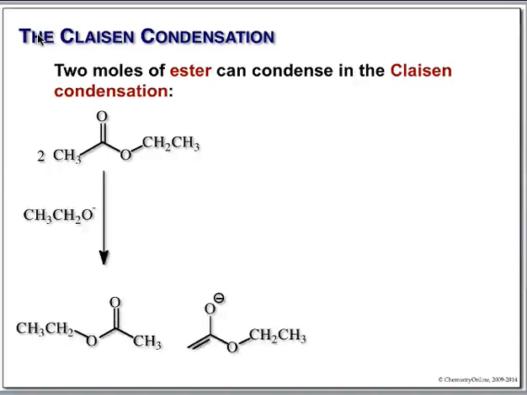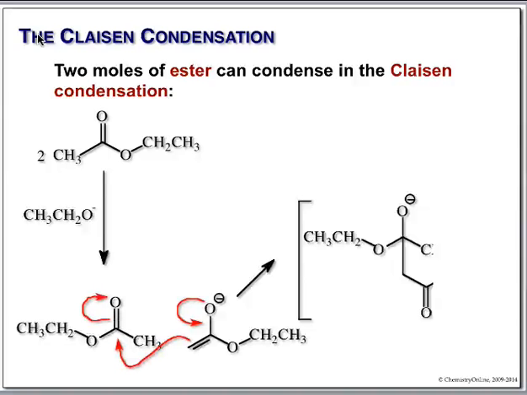Now we all know what's going to happen, right? The enolate's going to collapse. Alpha-carbon's going to attack the carbonyl. We know that. When we do that, we're going to get a tetrahedral intermediate.